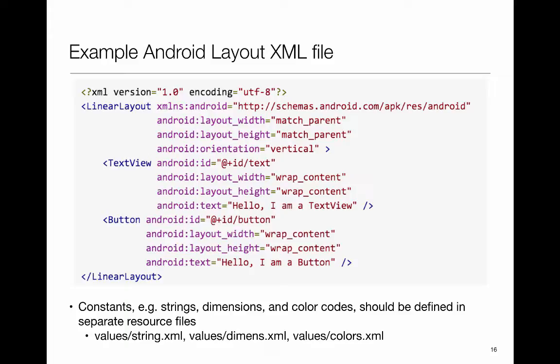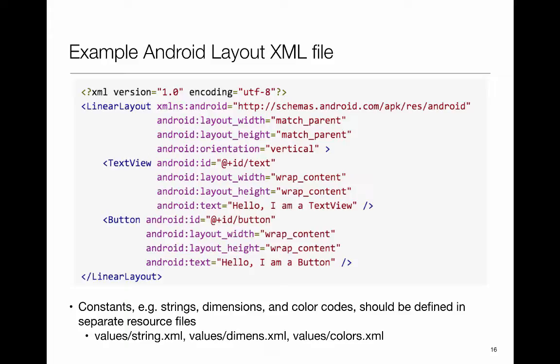For each component, you need to define some properties like the width and height and the text for the text field. And in this linear layout, because it is vertical, these two components will just be placed vertically next to each other on the UI screen.